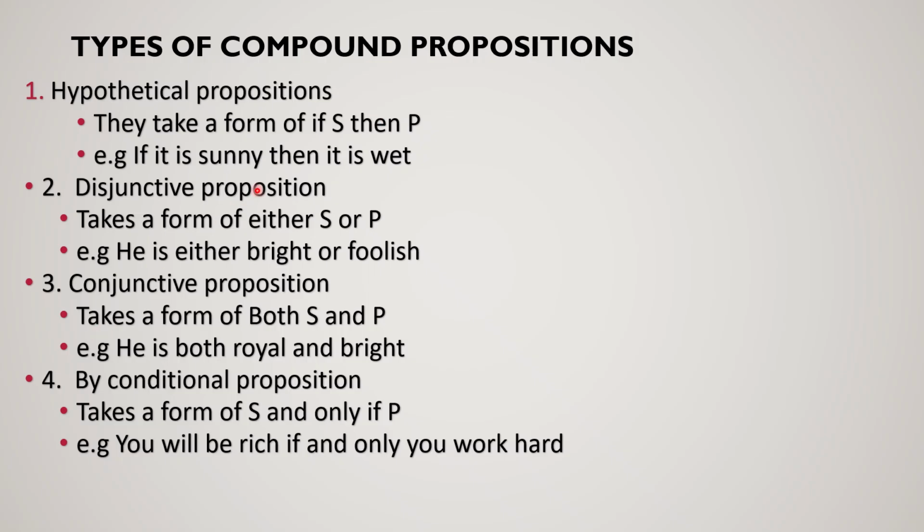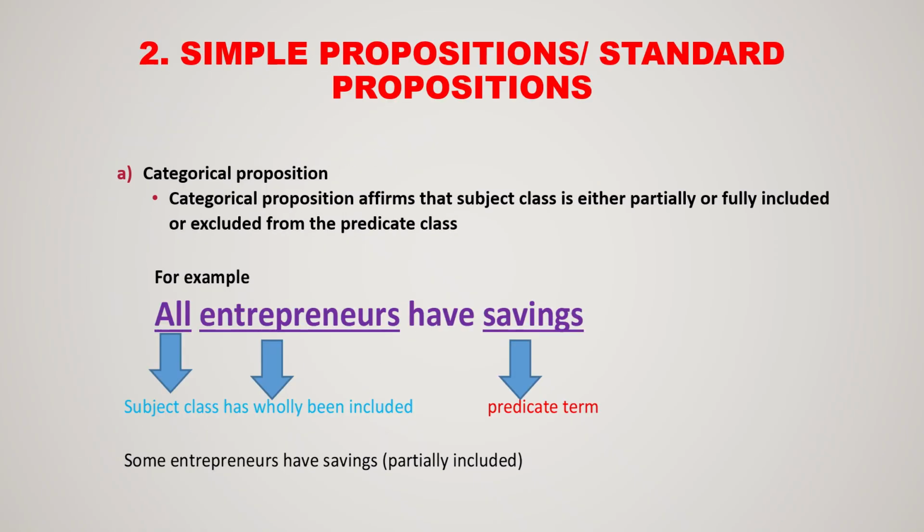Remember, the second category of proposition that we mentioned under the types is the simple or the categorical proposition. Okay, let us now look at the simple propositions, which are also called the standard propositions. Remember the previous one was compound proposition.